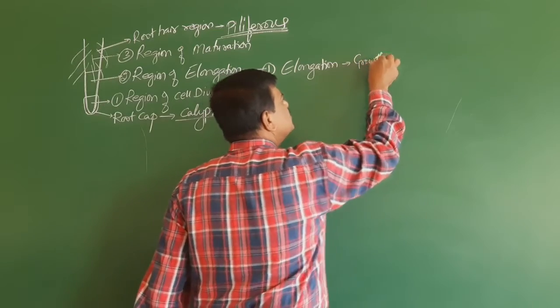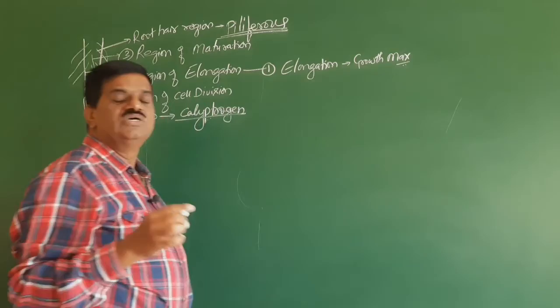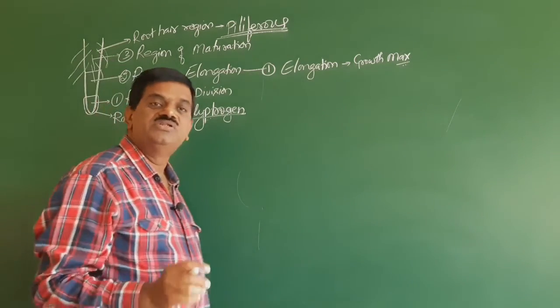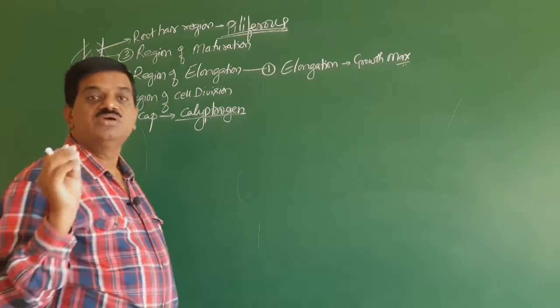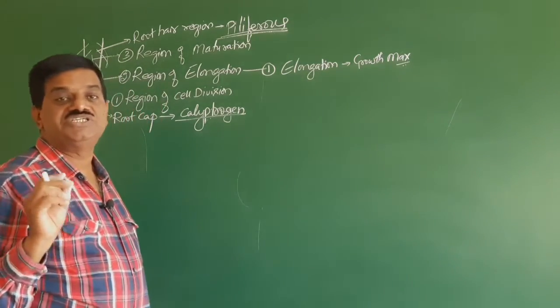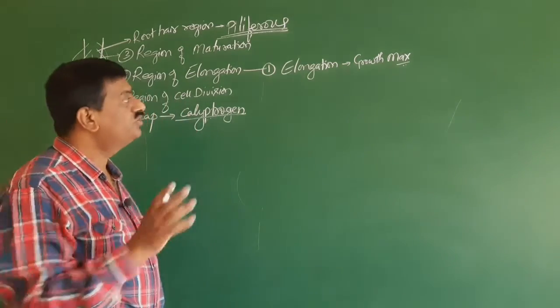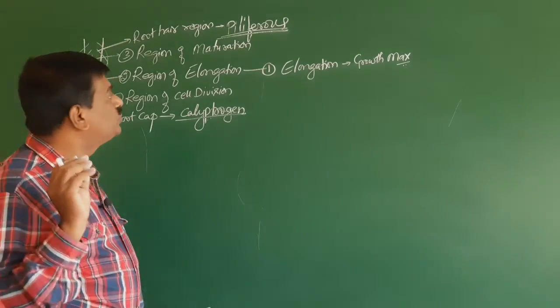We use the word maximum because once water is constantly entering a cell, the cells are bulged, called turgidity. The word turgidity indicates swelling. So constantly swelling leads to an increase in growth.